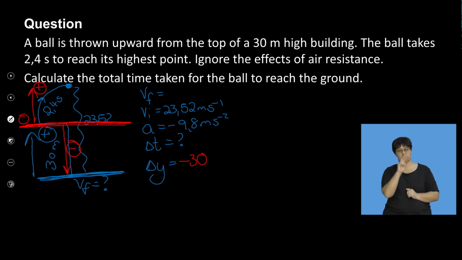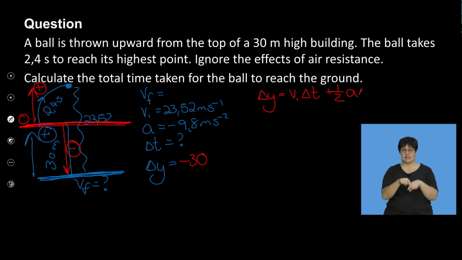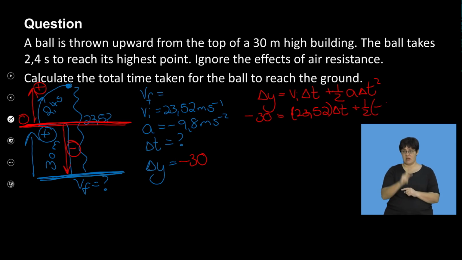We now look at this and we go, it's not the nicest equation, but we can use it. Because now we can use delta Y equals VI delta T plus a half A delta T squared. We have minus 30. We have 23,52 times delta T plus a half times minus 9,8 times delta T squared. And right about now, the wheels fall off. Now we look at this and we go, that's impossible.